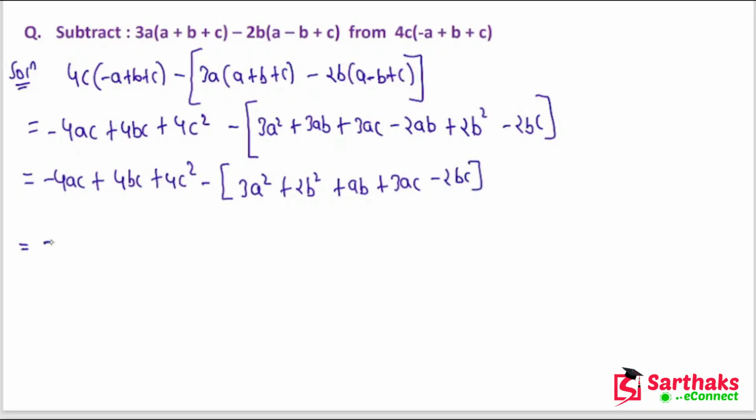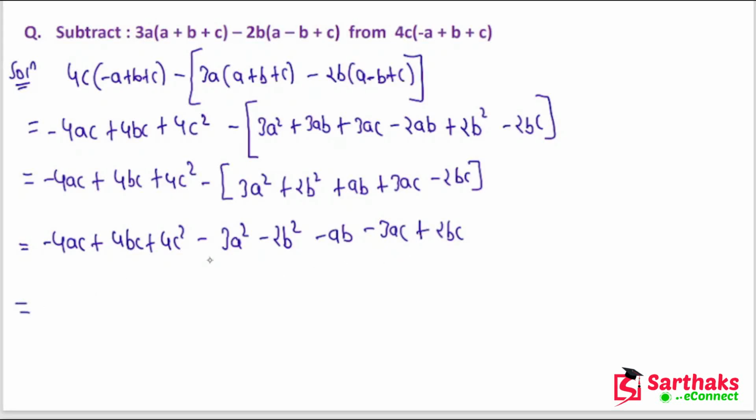Now if you open the bracket, it will be minus 4ac minus 4bc minus 4c square minus 3a square minus 2b square. Signs will be changed because we are multiplying them by minus 1. So minus into this would be minus ab, this would be minus 3ac, and this minus and minus would become plus 2bc.